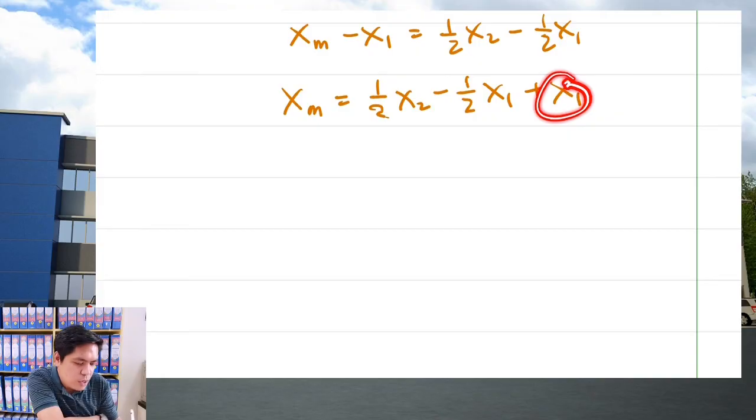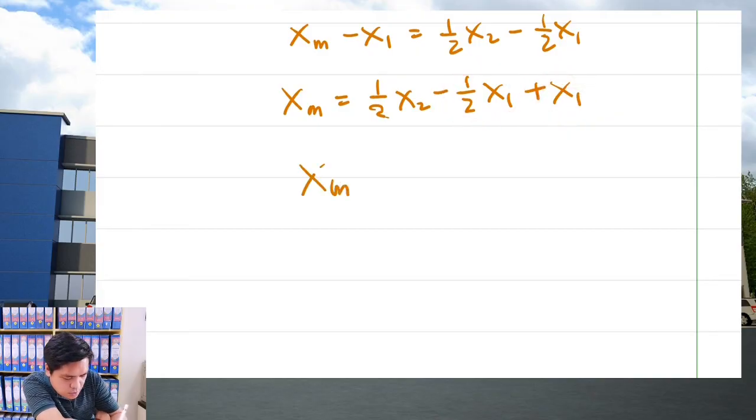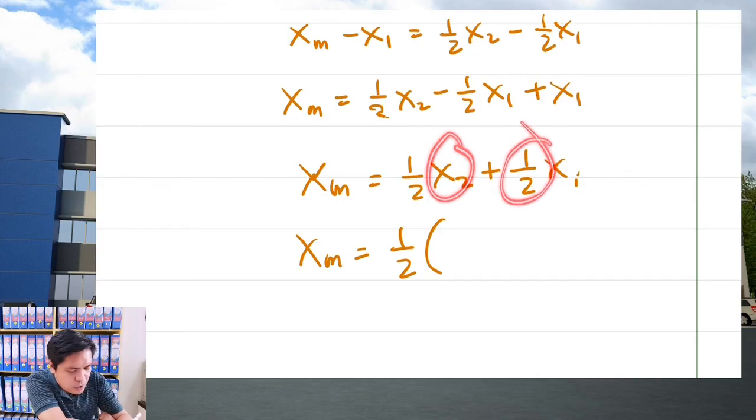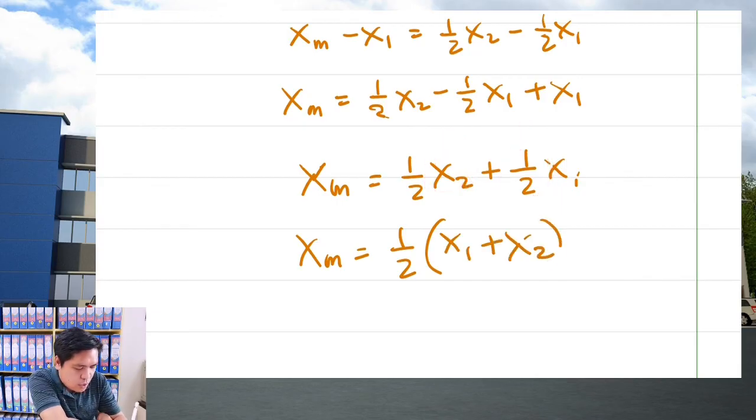So, x1, bawasan mo ng kalahati ng x1. So, half din yung lalabas. xm is equal to 1 half x2 plus 1 half x1. So, xm is just equal to 1 half of, if I factor out 1 half, the sum of x1 and x2. So, yun lang yung midpoint formula for x.